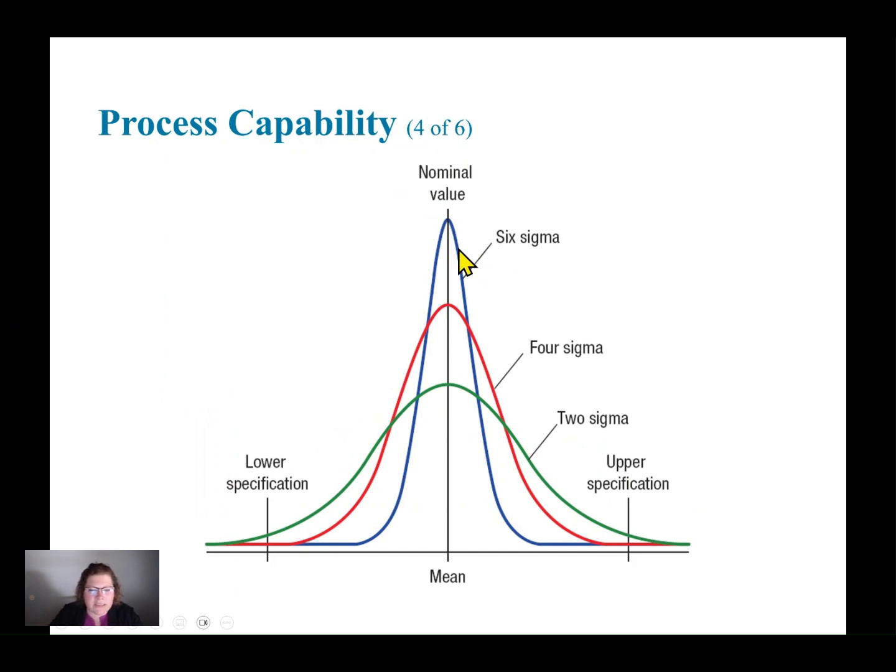So when we are Six Sigma, we've got a lot of data really close to our target value. But when we go down to 4 Sigma, the curve is shorter and wider. And when we get down to 2 Sigma, it's even shorter and even wider, showing more variability. So the more variability that our process has, the lower the quality level. Whereas if we can reduce variability and make that curve tighter and closer to the nominal value, we will have higher levels of quality.